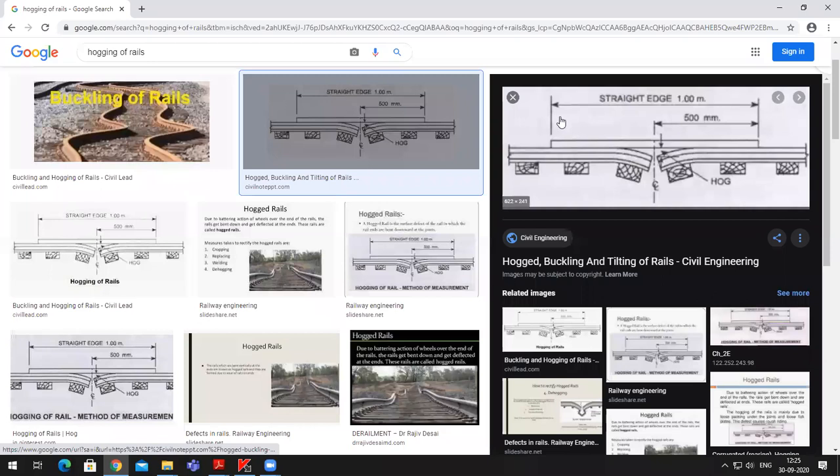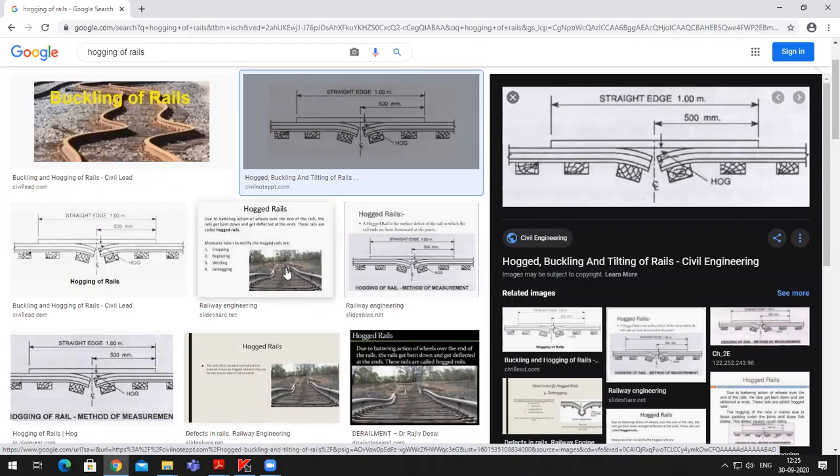If you have a straight rail section like this, when the rail dips down or lifts up because of certain irregularities in the design or maintenance, that process is called hogging. This particular image is hogging taking place at a joint, where two standard rail sections meet and are joined together with the help of joining fixtures.